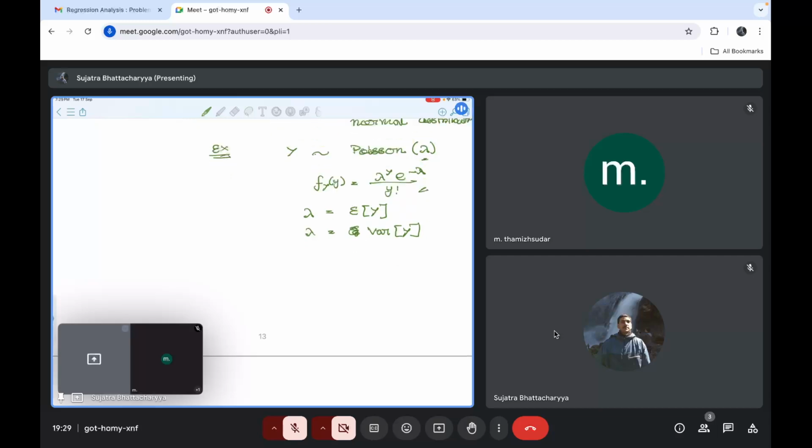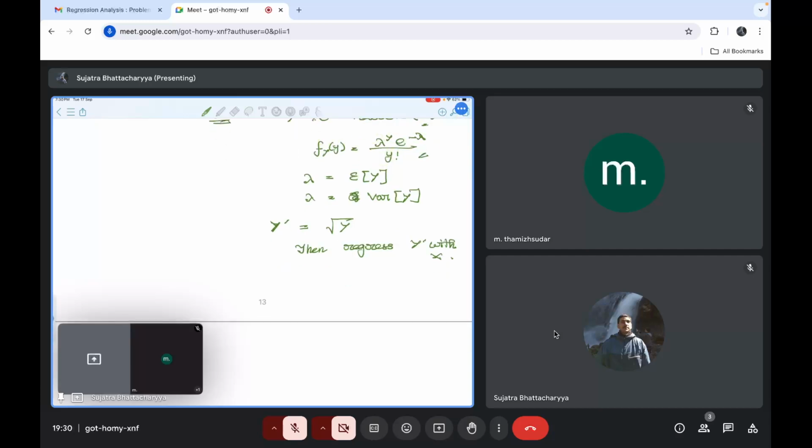In this case, if we transform y dash as root of y, and then you regress y dash with x, then the variance of root y is independent of the mean lambda.